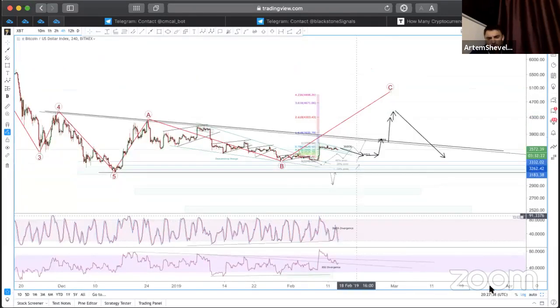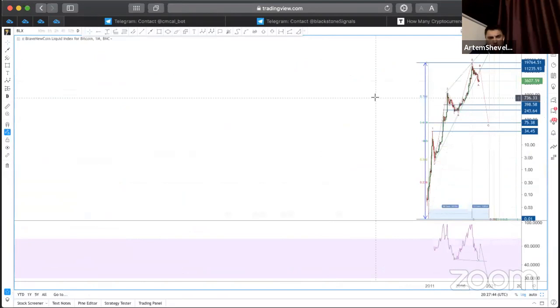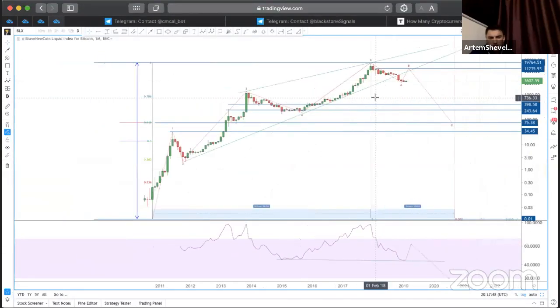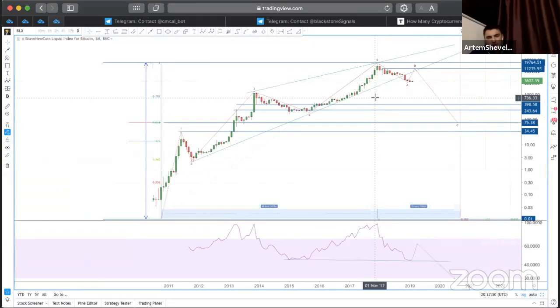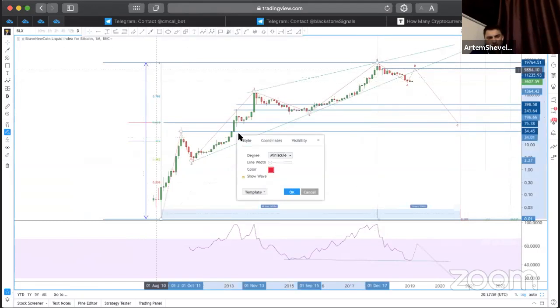I have some thoughts about it, and I just opened the BTC chart from the beginning, from the Genesis block, and it's really pessimistic.